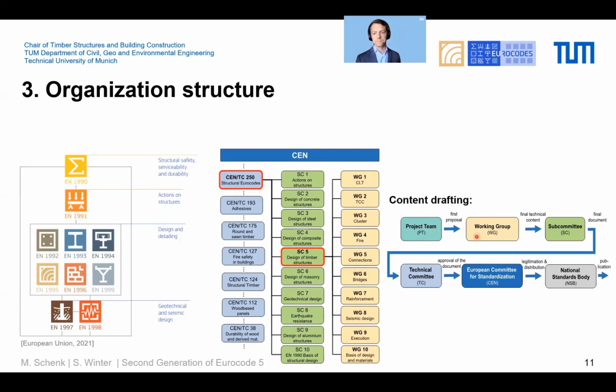CEN working groups develop further the PT's drafts and finalize the work. Afterwards, the subcommittees prepare the deliverables according to the official CEN drafting rules. After approval and legitimation by the 10 member states and the European Commission, the document will be available for the national standards bodies.